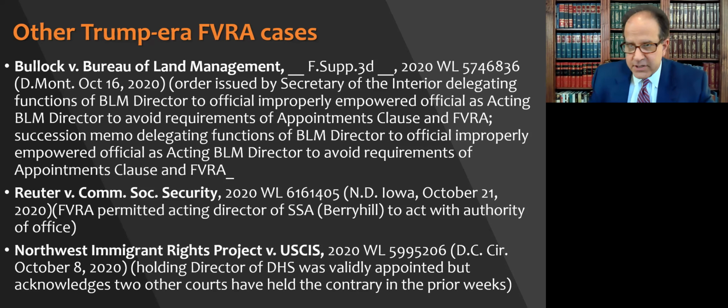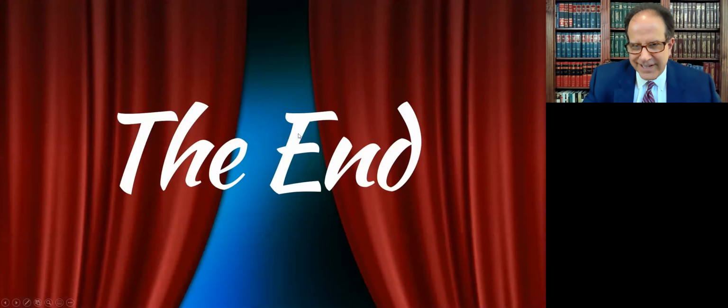We have court decisions and GAO decisions going each way about the legality of Chad Wolf being in the position of the acting director of Homeland Security. But this case is from the DC Circuit, saying that he was validly appointed, but acknowledged that other courts had reached the contrary conclusion in recent weeks. And that concludes our somewhat tedious lecture about the Vacancies Reform Act.